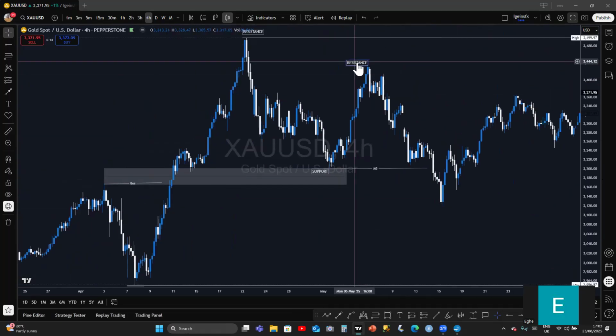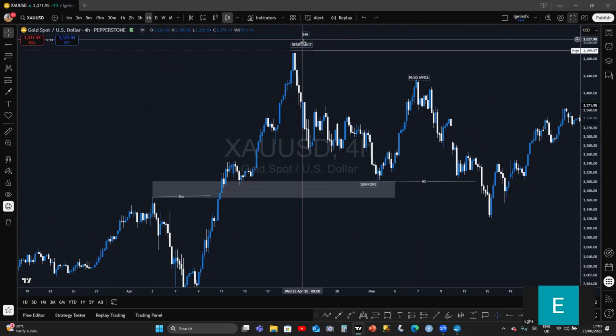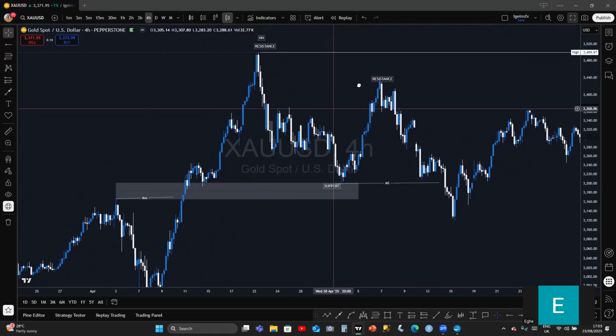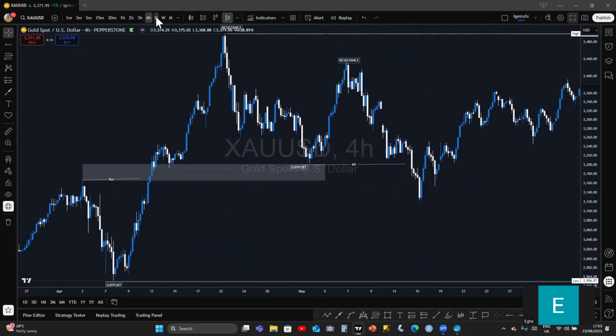So if you look at this structure now, you discover that, remember, this is the highest high, right? This is the highest high, and it created a resistance. This is the 4 hours chart. We are done with the daily. We are now on 4 hours.